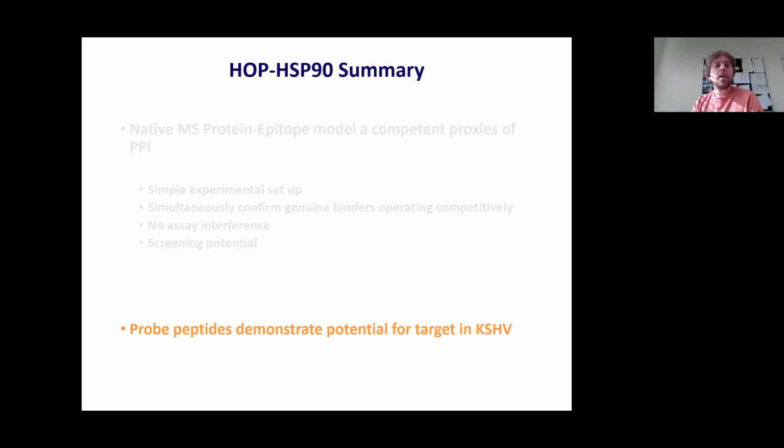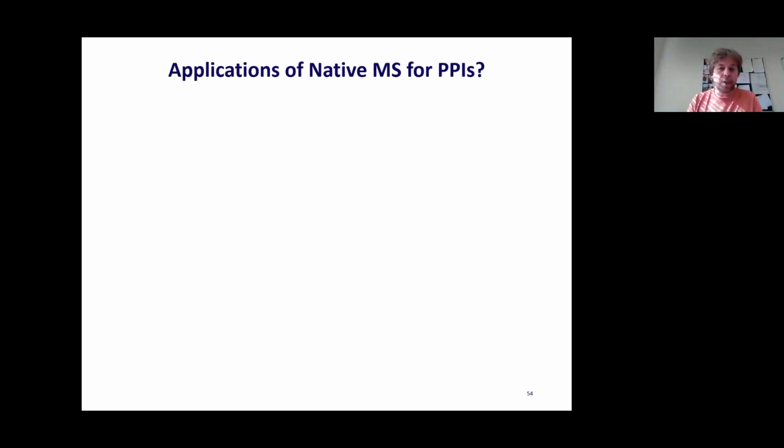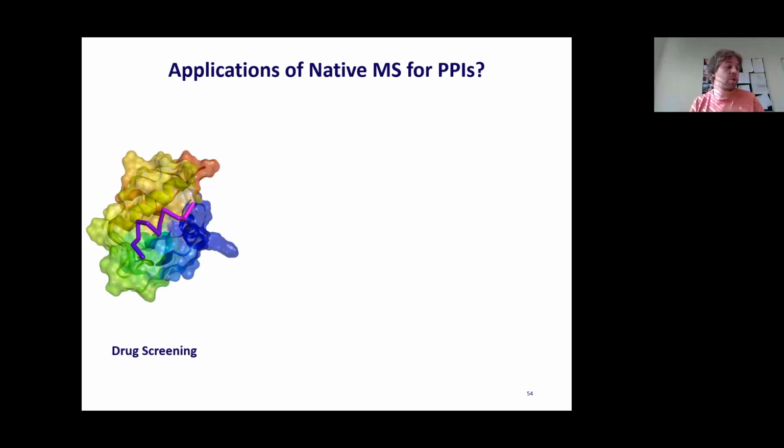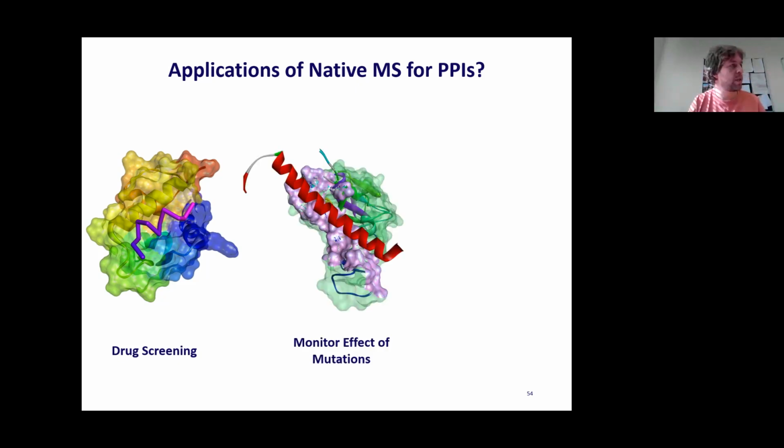Okay. Now, the application. So, of course, we've made this protein-protein interaction model. This could be used for screening, but a big drawback in the forefront of our mind is that we are still reliant on the presence of structural information to develop our protein-protein interaction model. So this hampers us for things like monitoring effective mutations.